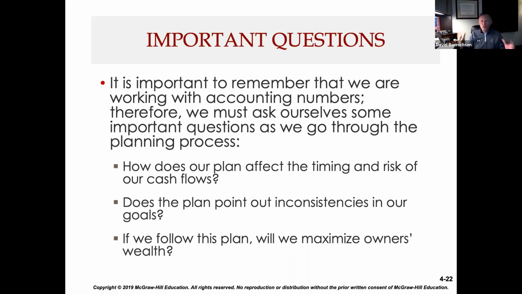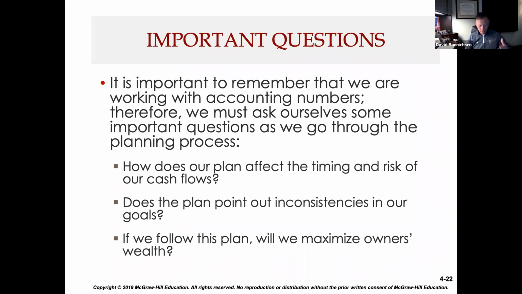After we've gone through this planning process, are there things that we find that give us cause for pause, that are inconsistent with one another? And then finally, the third bullet point: if we implement this strategic plan, are we maximizing shareholder wealth?